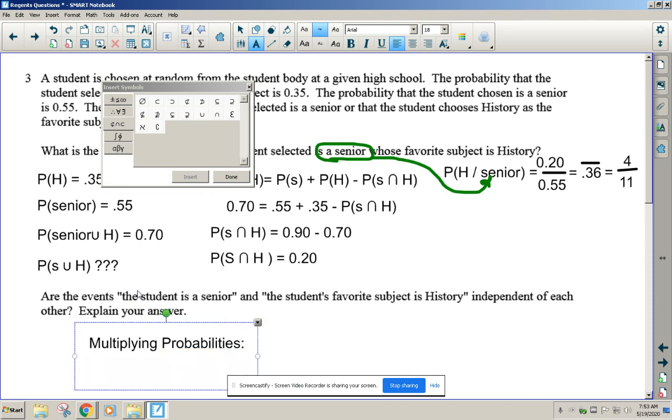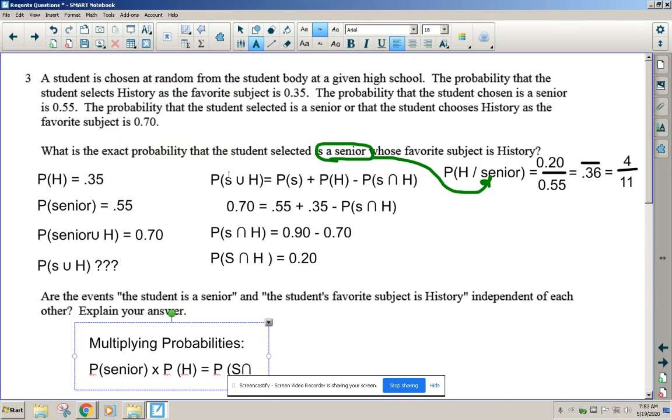I would check to see, is the probability of being a senior multiplied by the probability of your favorite subject is history equal to the probability of being a senior and your favorite subject is history. So now I would have to see if my overlap works.